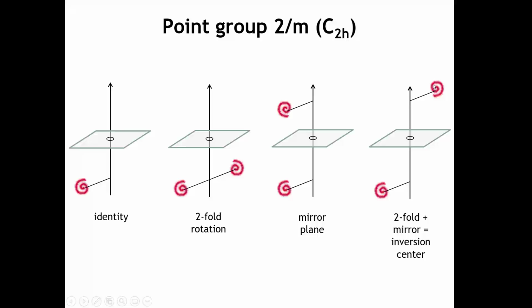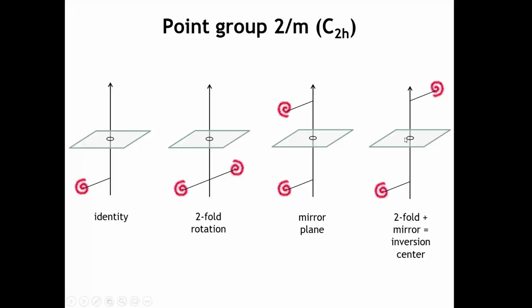We would also get that same object if we did the twofold rotation first, followed by the mirror. So these 2 steps in either order will generate this object. Now, how do we go from here to here in one step? And the answer is that would be through an inversion, through the point where the twofold axis intersects the mirror plane. So there must be an inversion point at that place in the object.